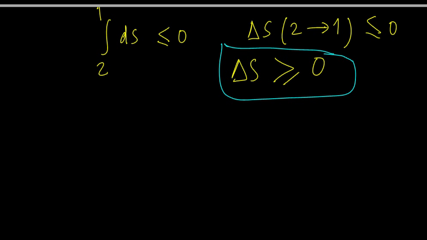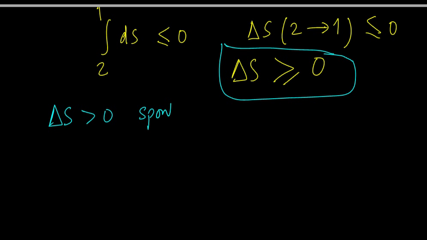So that's the statement that everybody knows. We know that if delta S is greater than 0, it's a spontaneous process. That's what this is saying. When it's irreversible going from 1 to 2, then delta S is greater than 0. Equal to is in the case of a reversible system.